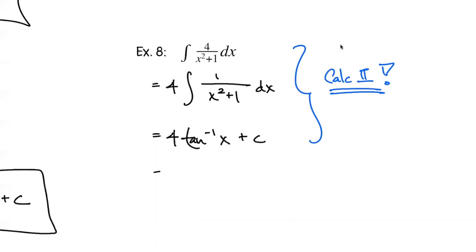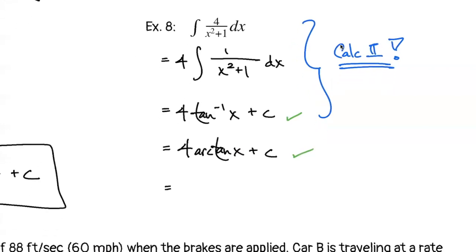Now, I did want to point something out. Some people write this as 4 arctan of x plus c, and that is absolutely fine, okay? So if you write this first one, you're good to go. You write the second one, you're good to go. But I do want to make one really important point because I've seen this mistake on quite a few papers. When I say tangent with a -1, it is not this.